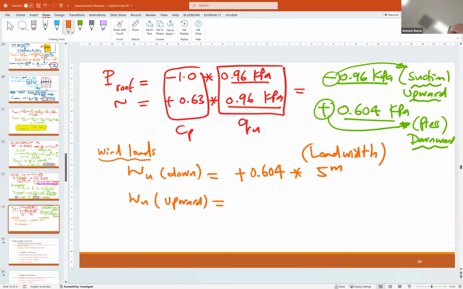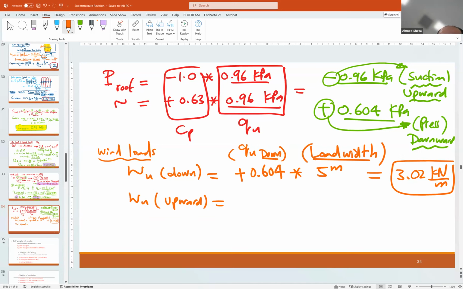Any load width for the rafter is 5 meter in this example. And this is QU downward. This will give us a value of 3.202 kilonewton per meter.